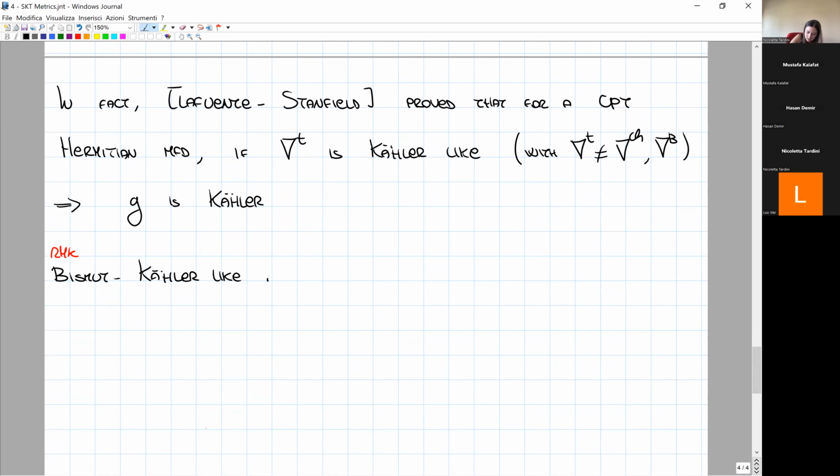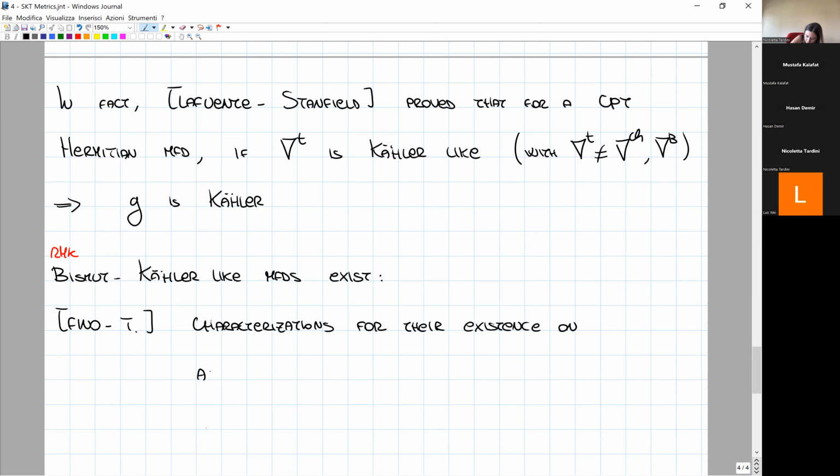Bismut Kähler-like manifolds exist. For instance, Angella, Otal, Ugarte and Villacampa gave characterizations for their existence on almost abelian Lie groups, under some additional hypotheses.